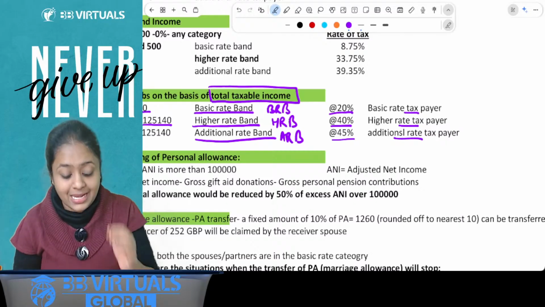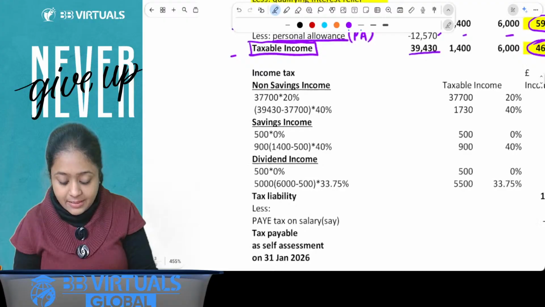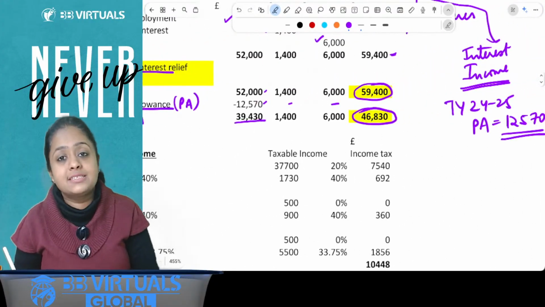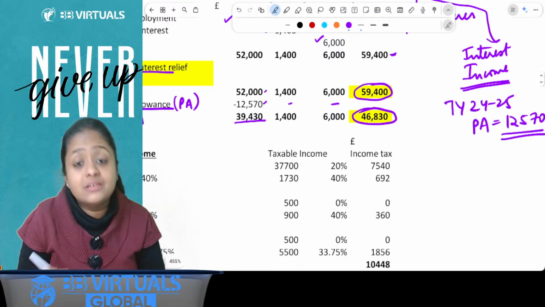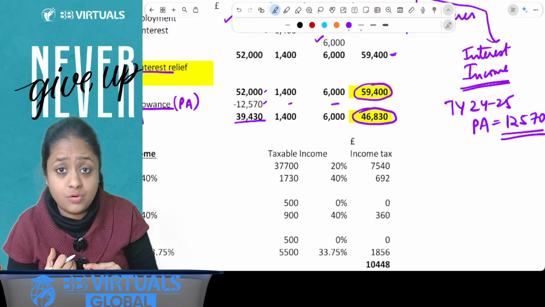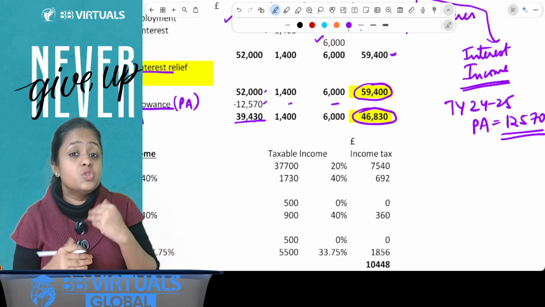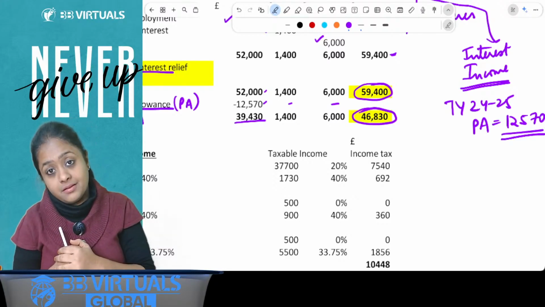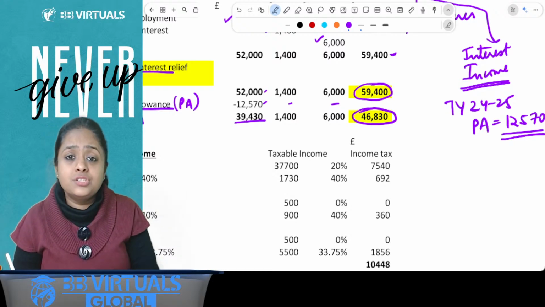How do we understand? Let's see the example. In the example that we were discussing, what is the total taxable income of the taxpayer? 46,830. Now, is he in the basic rate band? No, because it is beyond 37,700. That means he's already entered the higher rate band. Is he in the additional rate band?